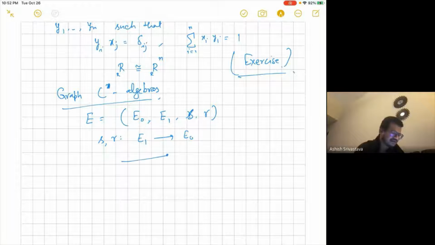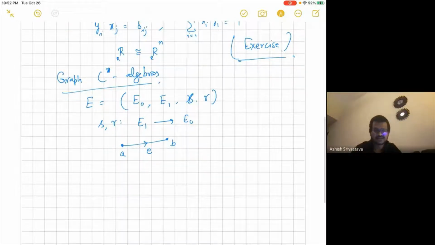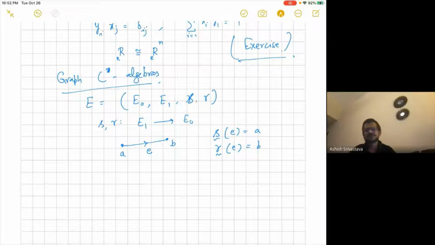So if you have an edge, an arrow from A to B, call this edge or arrow E, then S is source, so S of E is A and R of E is B, right? So this is source and this is range. So a quiver or a directed graph has essentially these data: vertices, edges, a source function, and a range function, right?